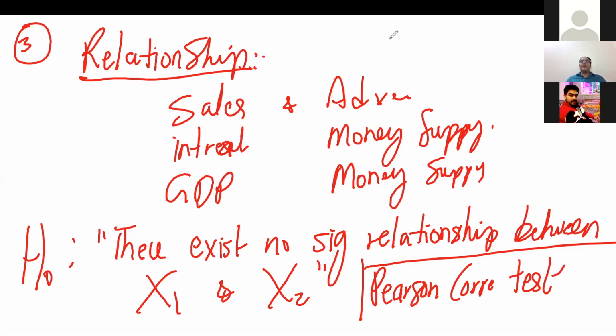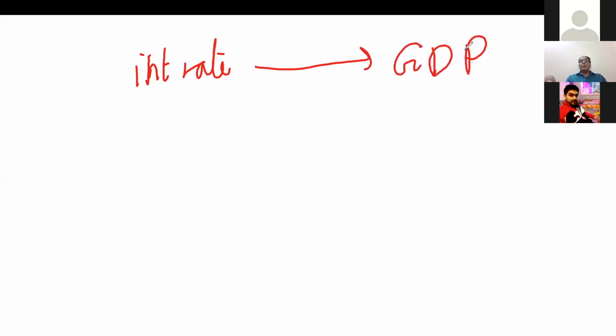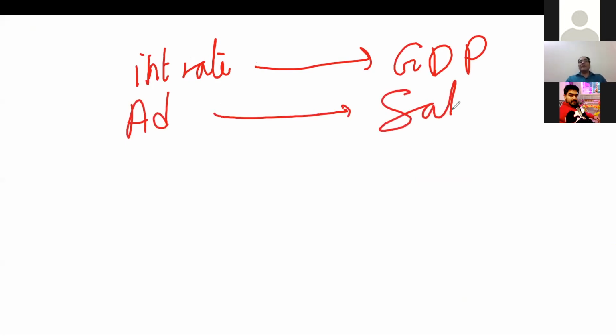Now the fourth case: I want to see the impact of interest rate on GDP. In the previous example, this direction was not there. Now I want to find out the direction. I want to see the impact of advertisement on the level of sales.